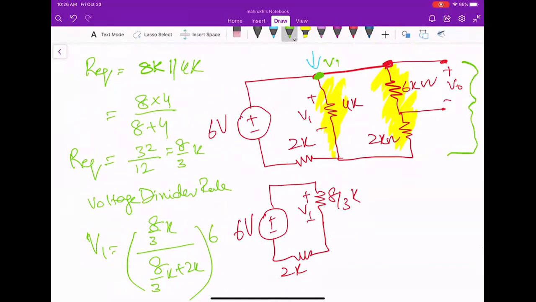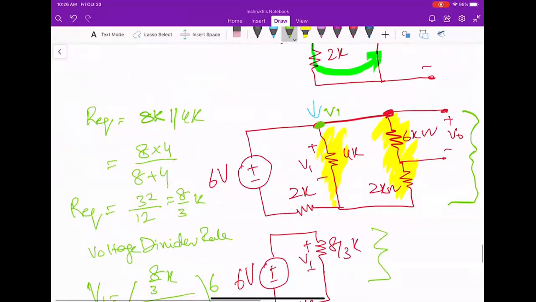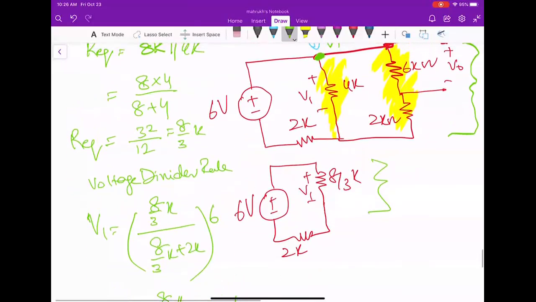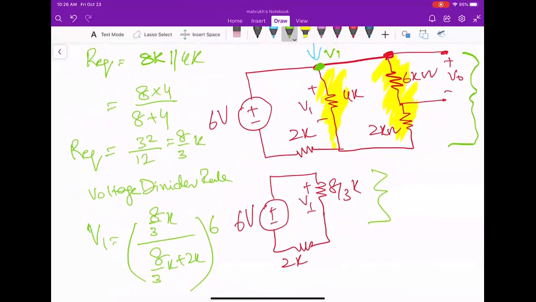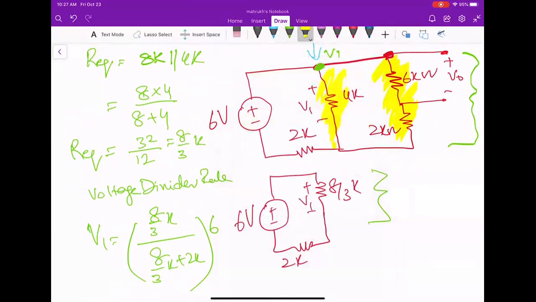But this V1 we have calculated here is the same V1 as this one. One question I think that is in your mind is how come this V1 is the same as this V1, right? So what we have done actually here, we have calculated the equivalent effect of this part of the circuit, right?